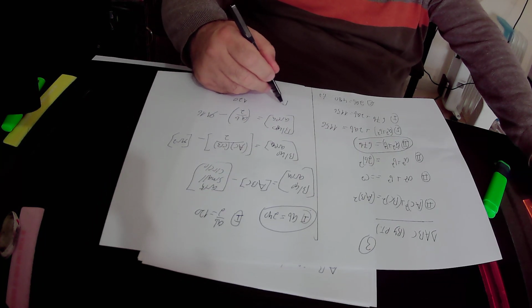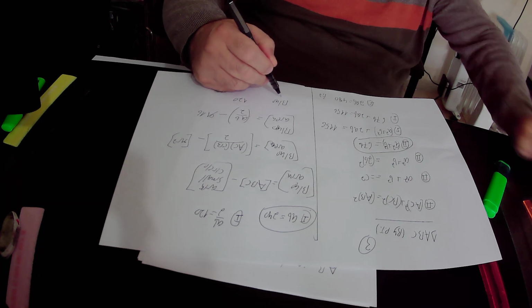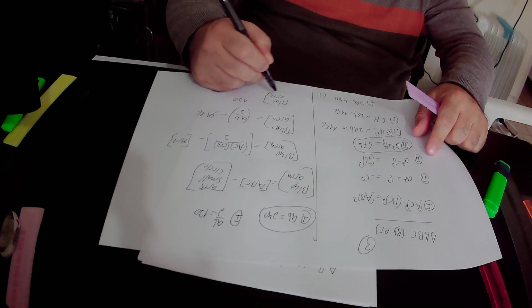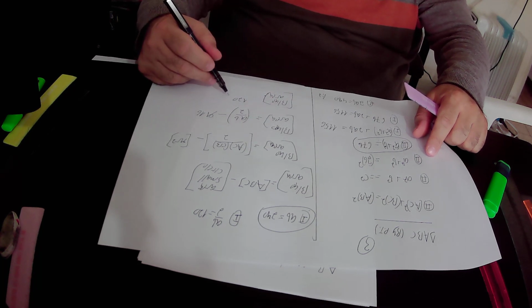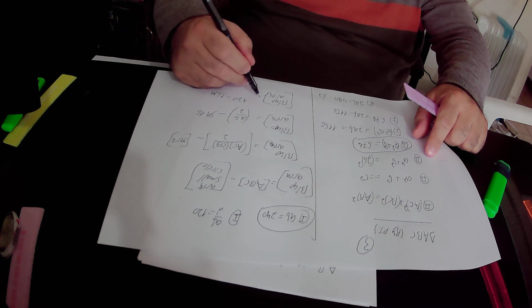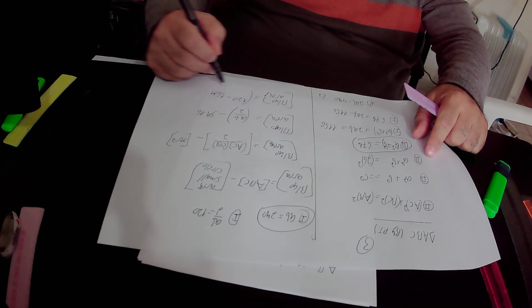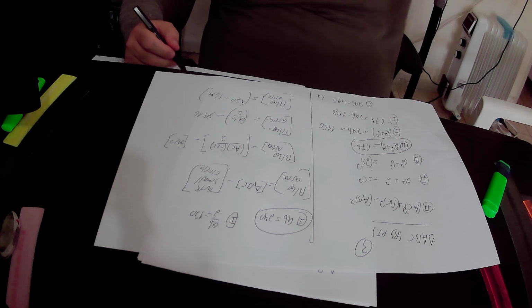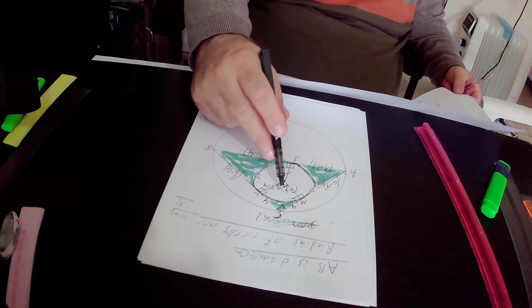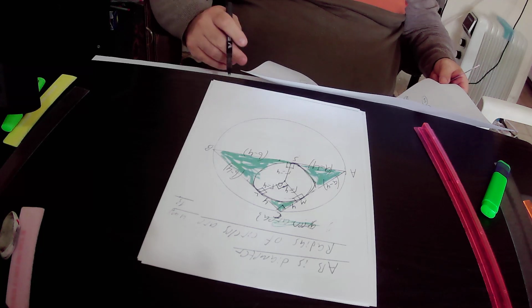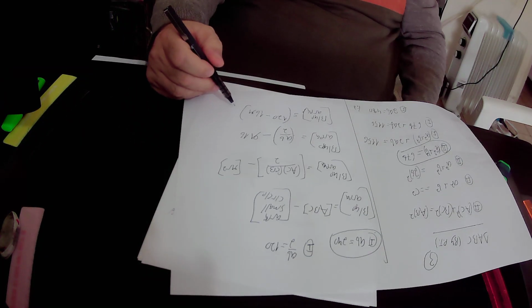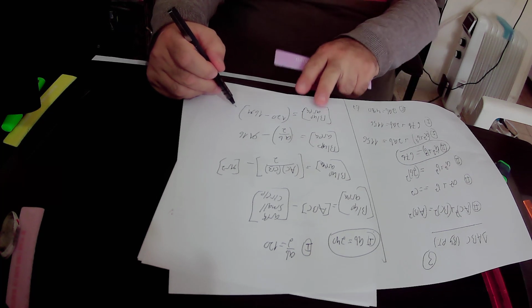So the blue area is equal to 120 minus 16 pi square units.